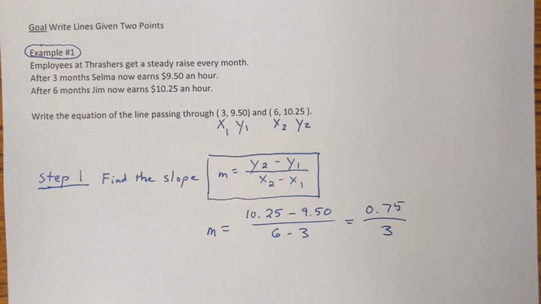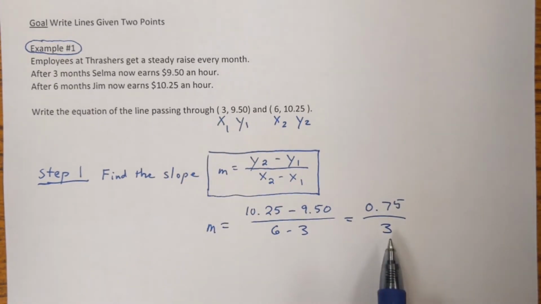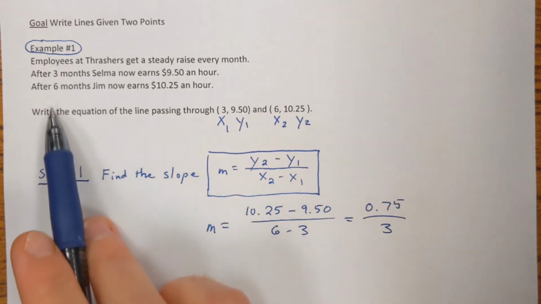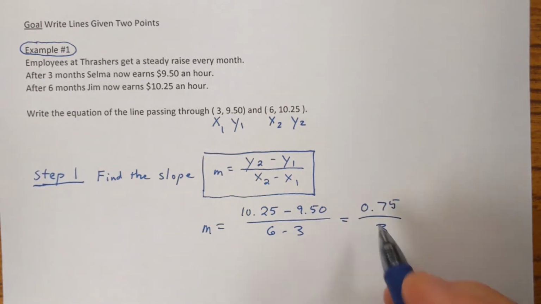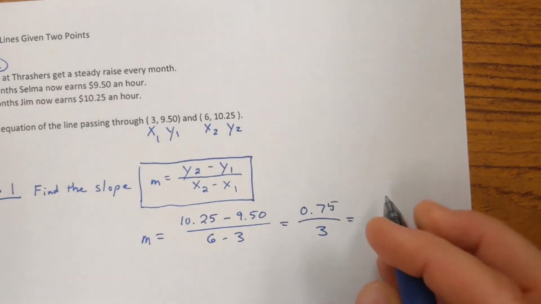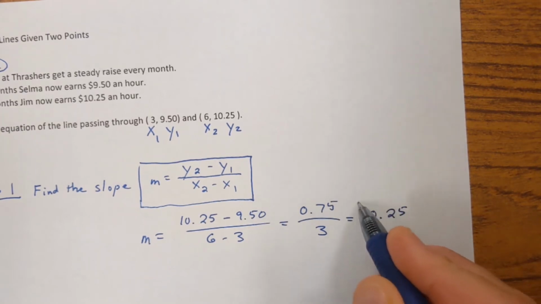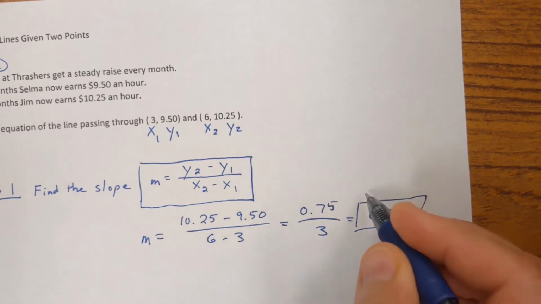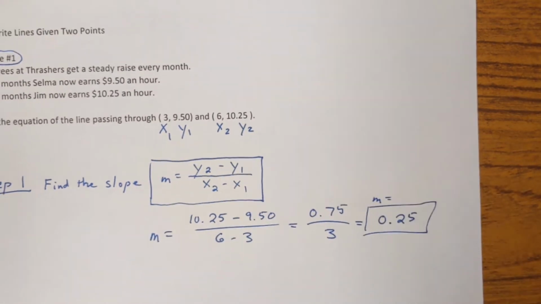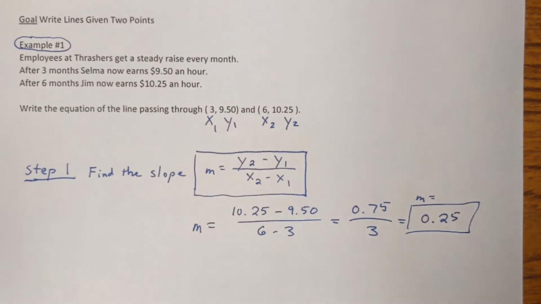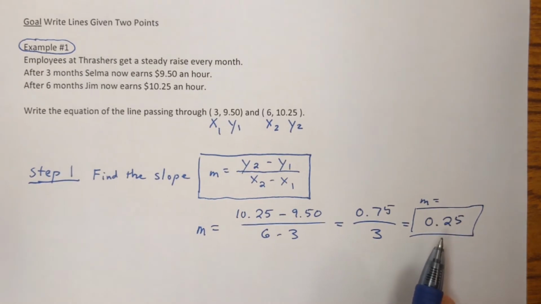Now if you think about this in the context of the word problem, this is the difference in how many months Jim and Selma have worked. Now when we divide, we get the slope of 0.25. And I'm going to put a box around that because that's not the final answer, but that is a very important answer that we need. Listen, this is how much of a raise they get every month.